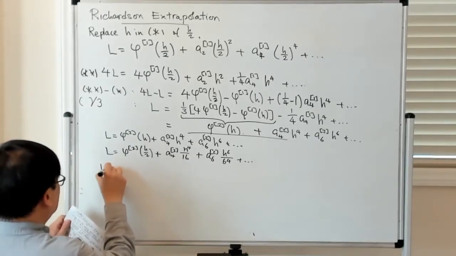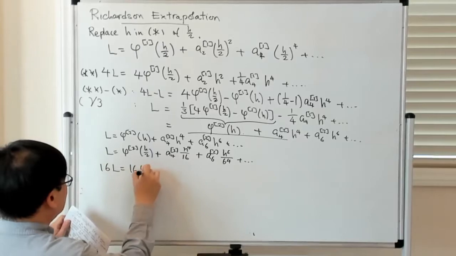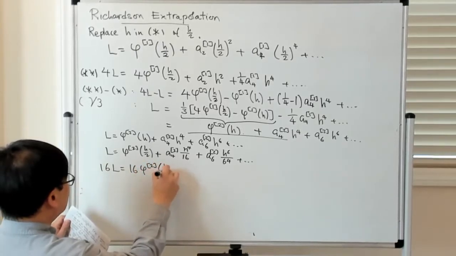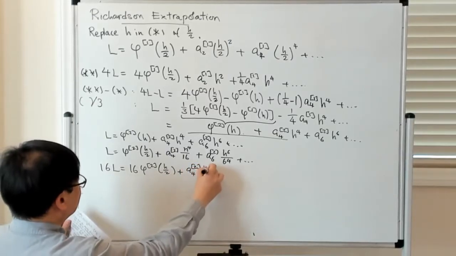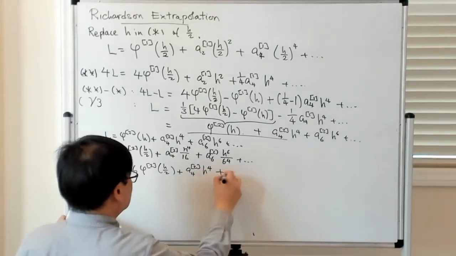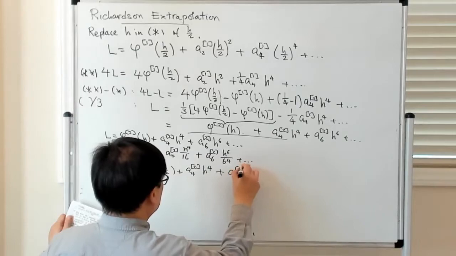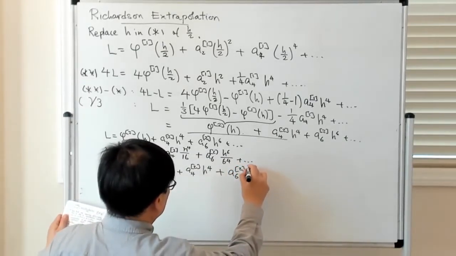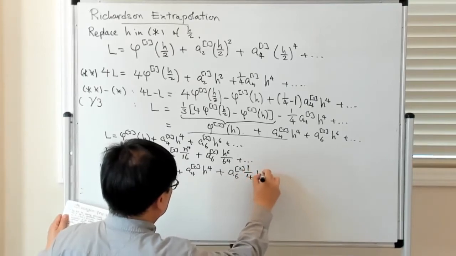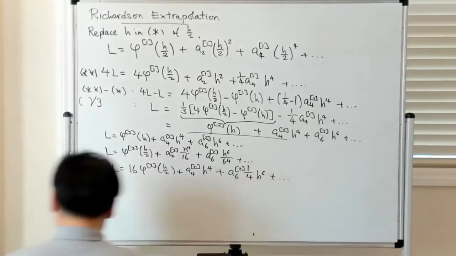So I take 16 times L is equal to 16 phi 2 h over 2 plus a4 2 h to the 4, plus a6 2 h to the 6, 1 over 4 h to the 6 plus higher order terms.